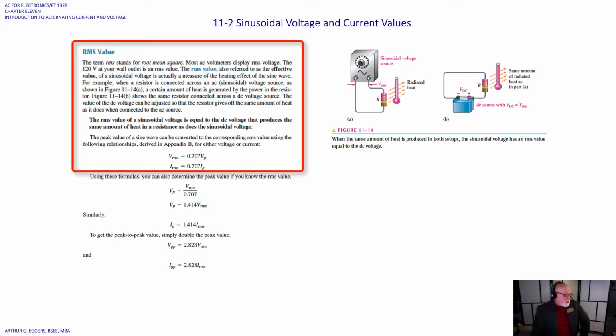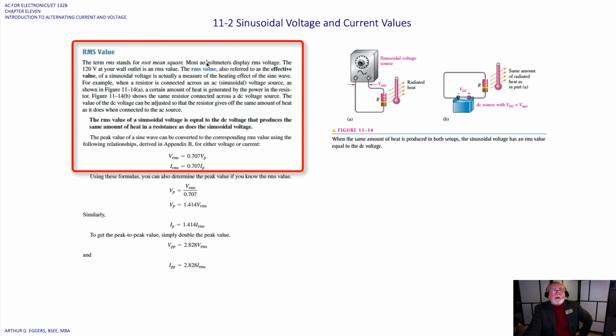Our RMS value is a little different because we have to calculate that with respect to some value or some meaning. The term RMS stands for the root mean square. Most AC voltages display RMS voltage.